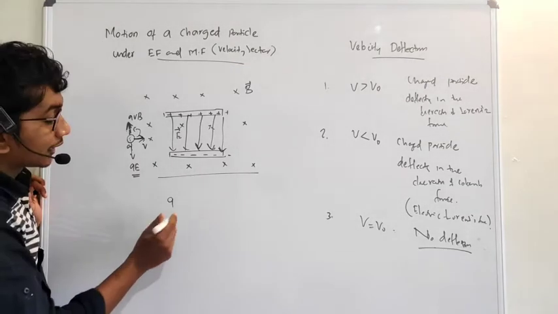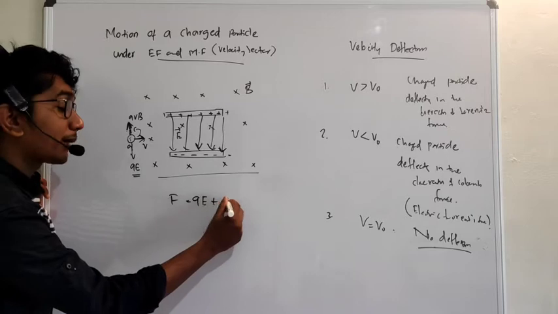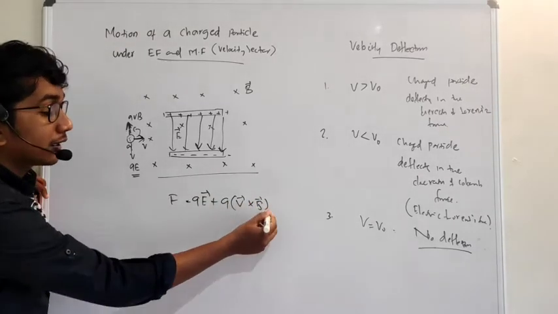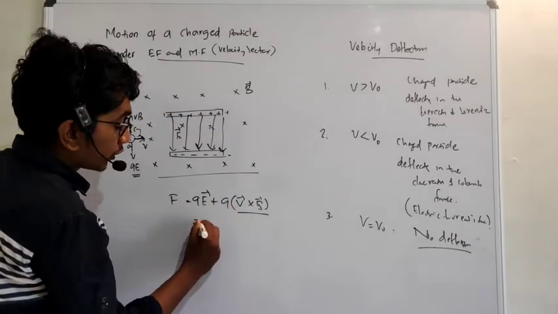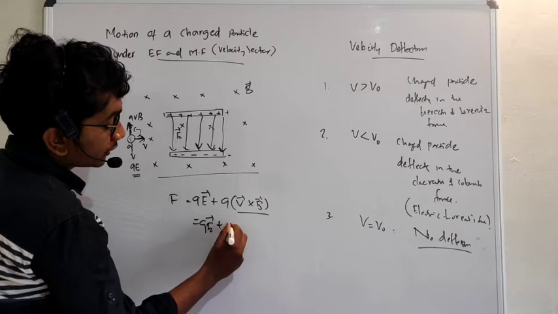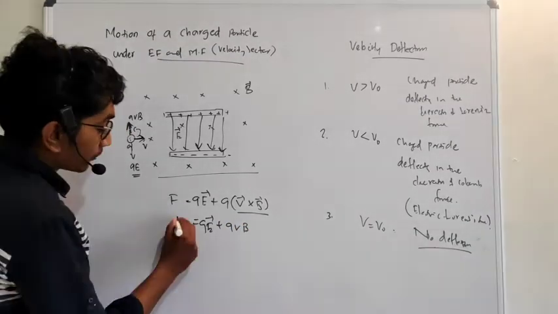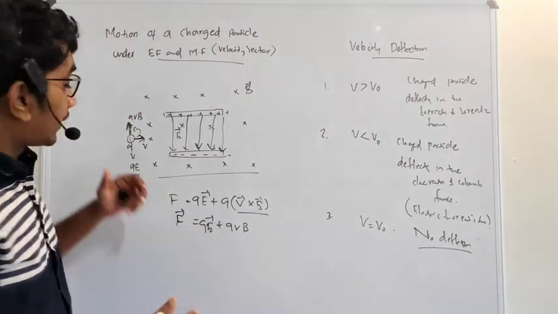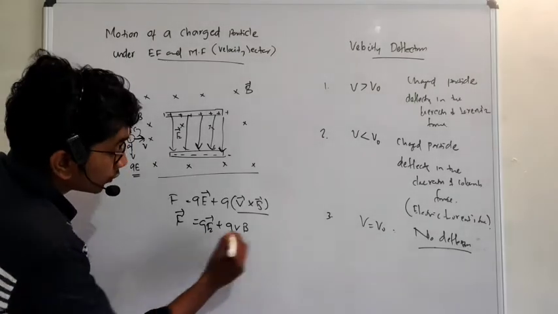Suppose you consider the equation F is equal to QE plus Q into V cross B. Here V cross B is V into B into sin 90, so F is equal to QE plus QVB. Now I am going to ask you something. If these two forces are in opposite directions and equal in magnitude, then what will happen?